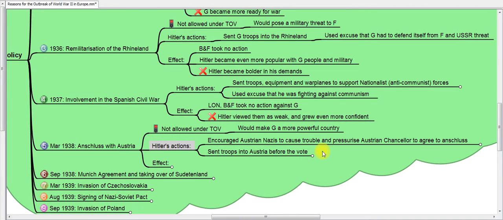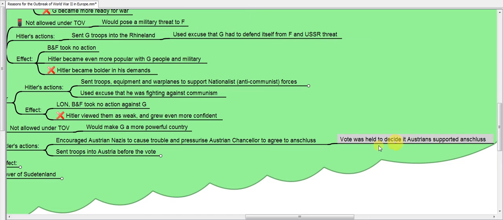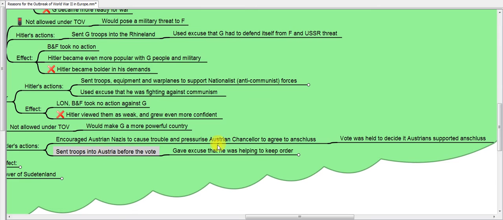He basically caused trouble. He encouraged the Nazis in Austria to cause trouble in Austria, pressurized the Austrian Chancellor, the Austrian leader, to agree to Anschluss. There actually was supposed to be a vote held to decide if the people of Austria supported Anschluss. But we can see Hitler actually sent troops into Austria before the vote. The excuse he gave was that he's trying to help keep order, prevent things from getting too lawless and there being too much violence.